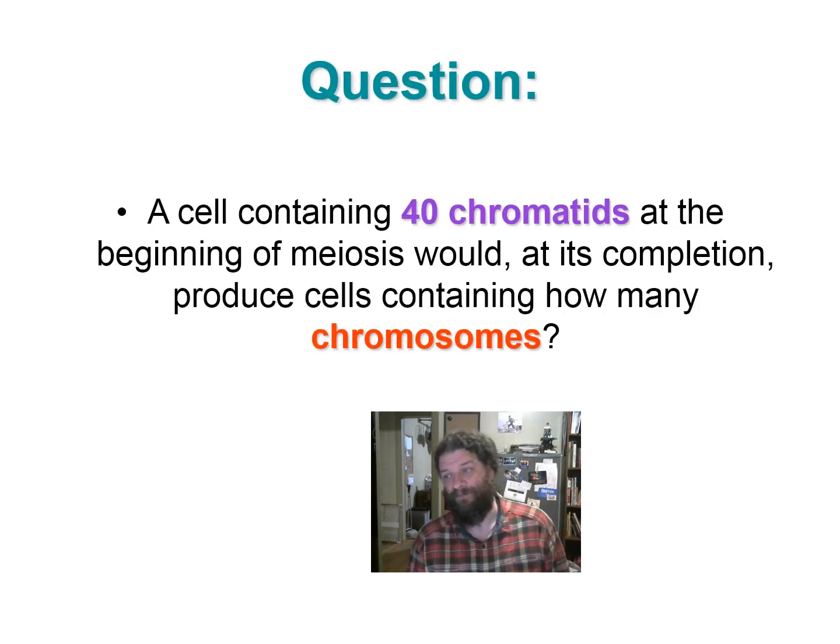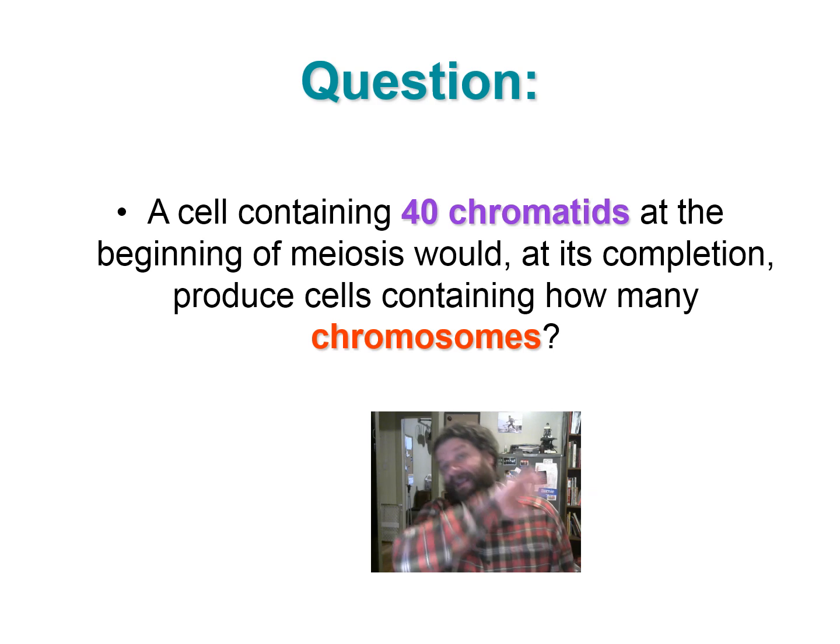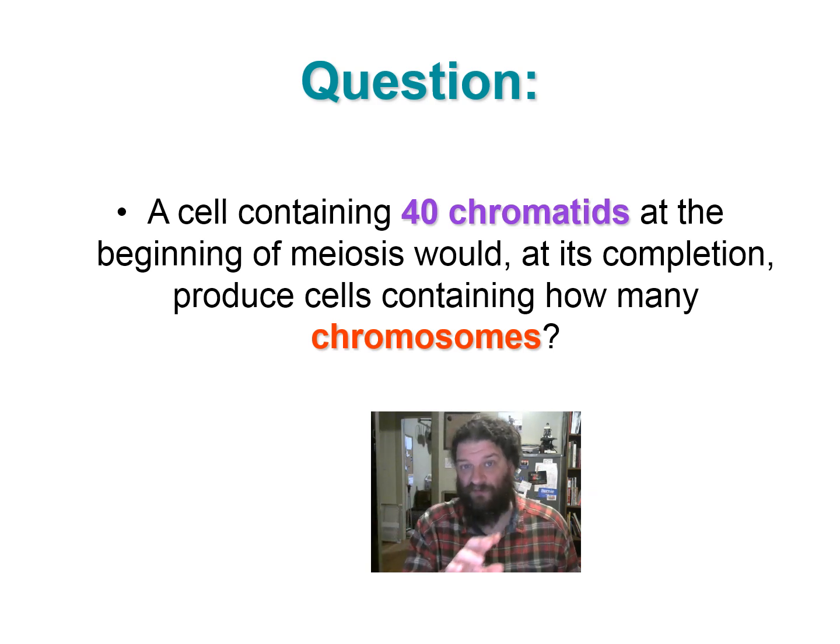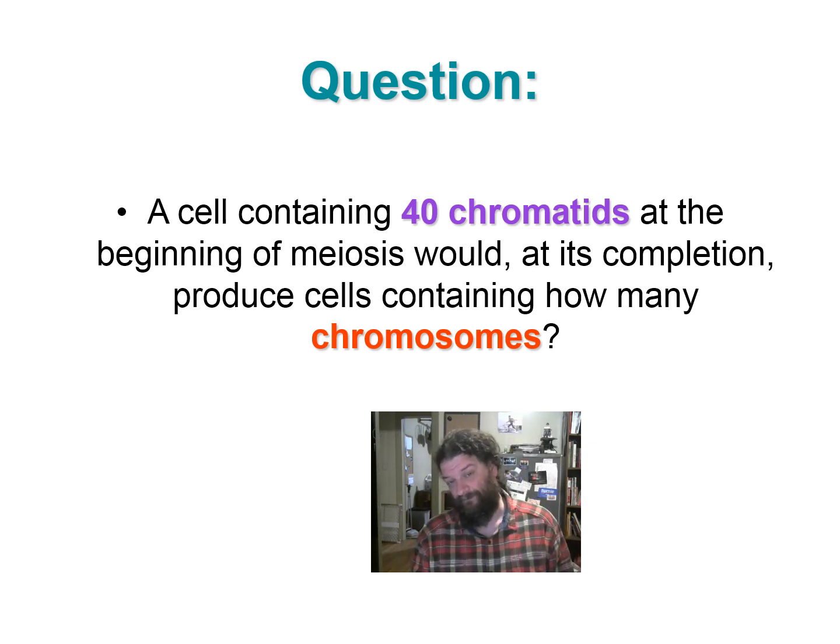Here's another question for you. Now I have a cell that has 40 chromatids at the beginning of meiosis. At the end of total meiosis, not just meiosis 1, how many chromosomes is each cell going to have? This is a hard one.